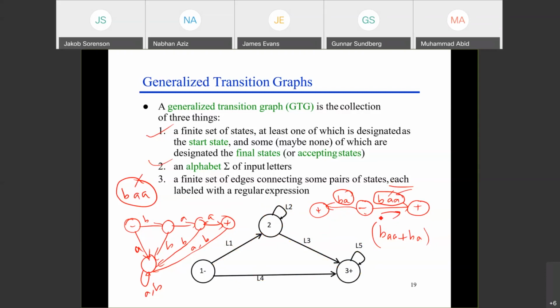You pass the whole language on one label, whereas FA as a whole represents just one language. So this is the power of your TG. TG is non-deterministic. It may represent more than one language, because it passes the regular expression on the edges. Hopefully you understand this, and if you have questions, you can ask.